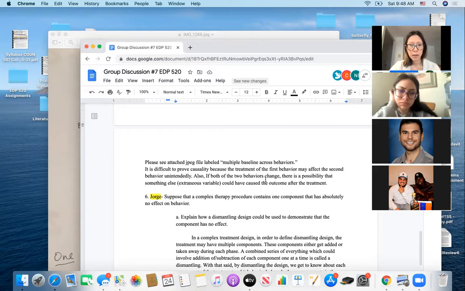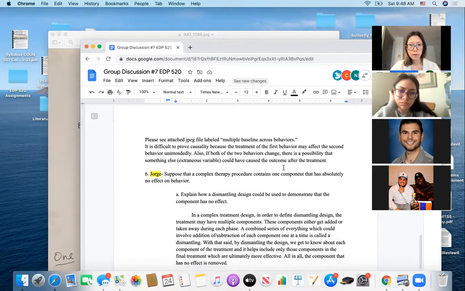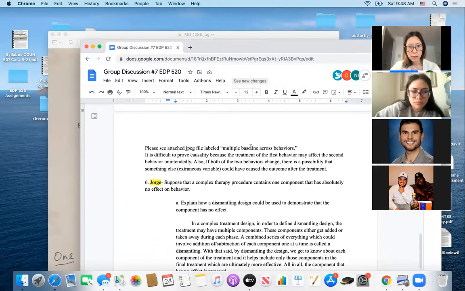And then also if both of the behaviors change, you can say there was another reason why both of the behaviors changed. You can't narrow it down to just the treatment. There are all these other reasons that could have changed the behavior. That's basically the two reasons why.